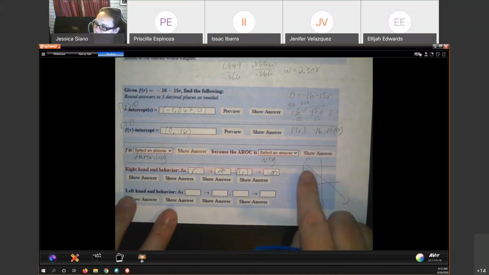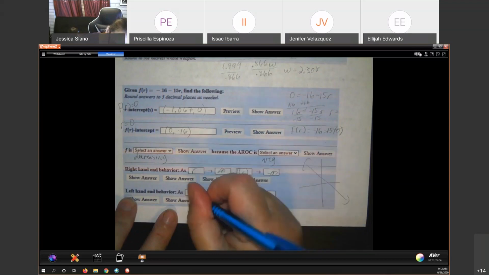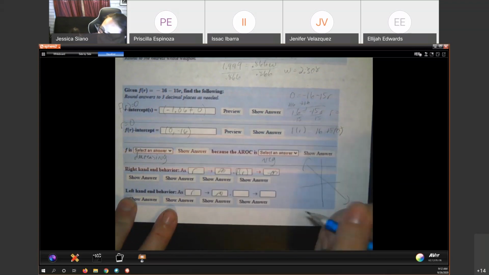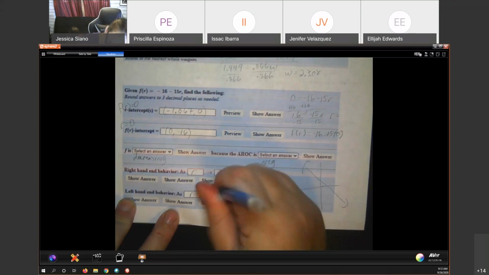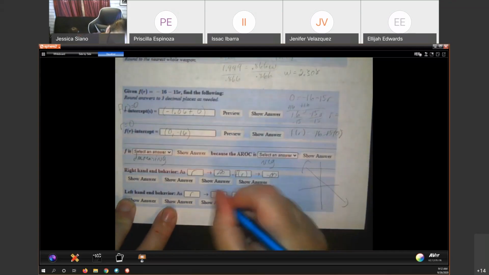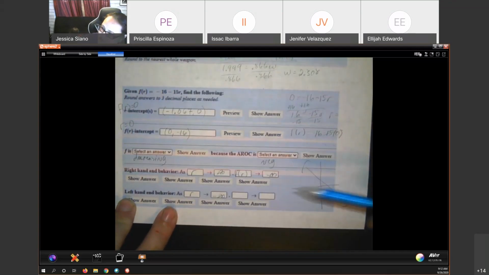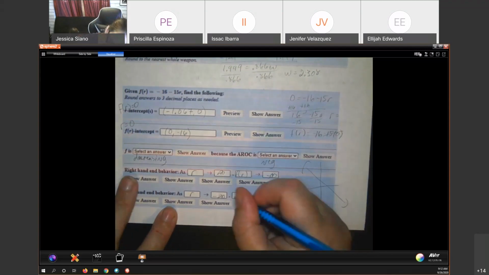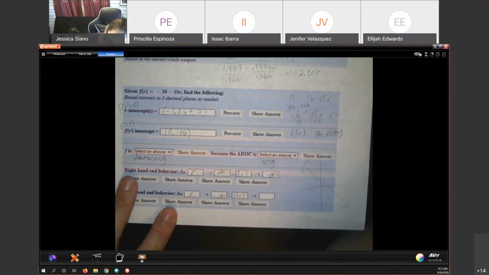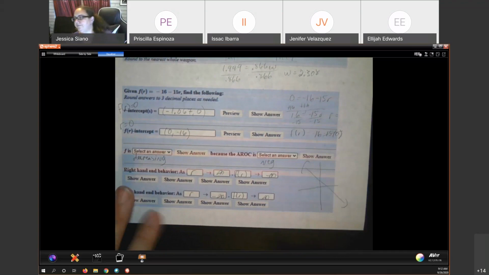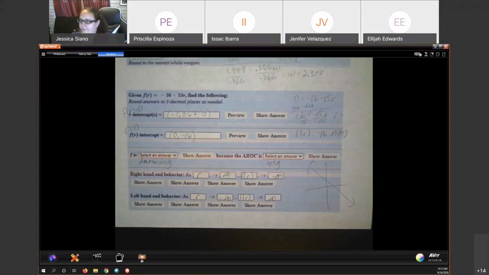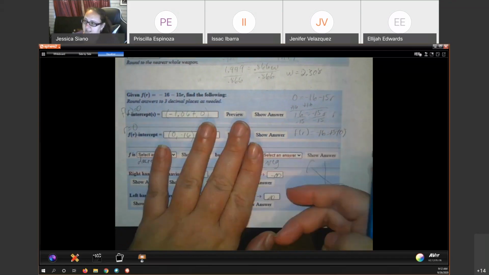And then on the left side, as r approaches negative infinity, so as it goes left, your f of r is going up. And if this is an increasing function, these two flip places, everything else is the same.